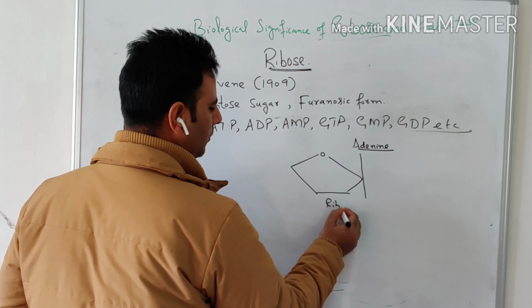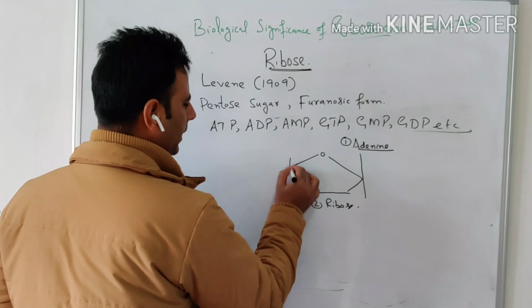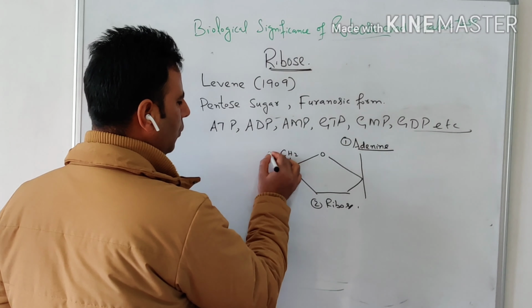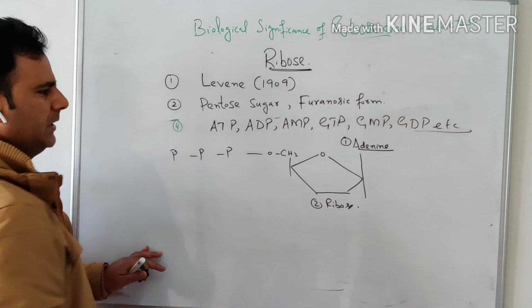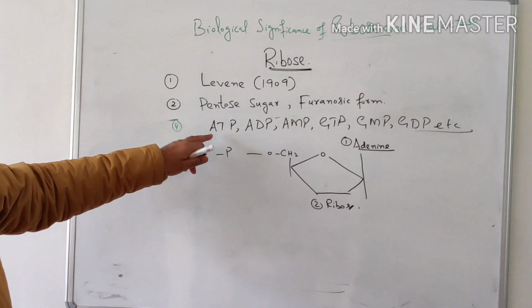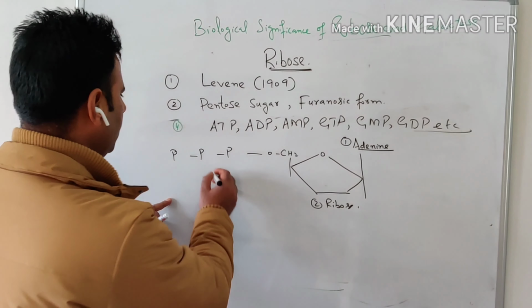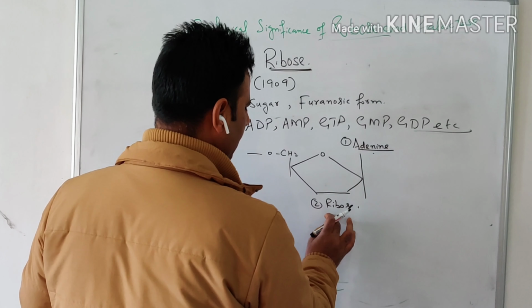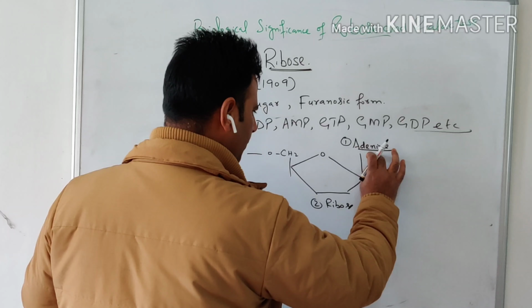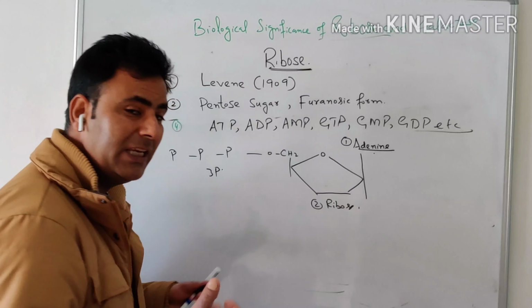Here we have adenine, second the sugar. In this sugar we have CH2OH. Here there may be phosphates, and in adenosine triphosphate we have three phosphates. So there are three things. One is adenine and second is ribose. The nitrogenous base along with the sugar is known as adenosine.